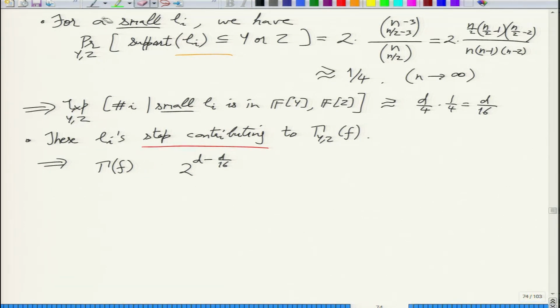Yeah, for now I have to use a fancier notation. Then this 2 raised to d minus d by 16 is at most, so d is at most n by 2. This is because we have assumed every Li has at least 2 variables and they are disjoint variables, and d is at least n by 3.